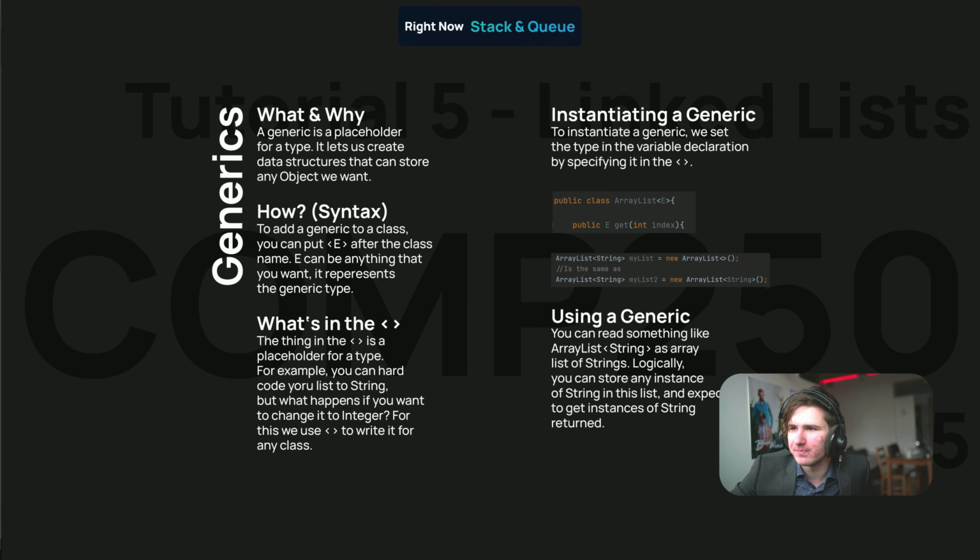In that situation, every time we add something to our list, it's going to be a string, right? Does that make sense? Every place where E is written is replaced with String if we make it a list of String. Every place where E is written, it's replaced with whatever type we want. Does it make sense?